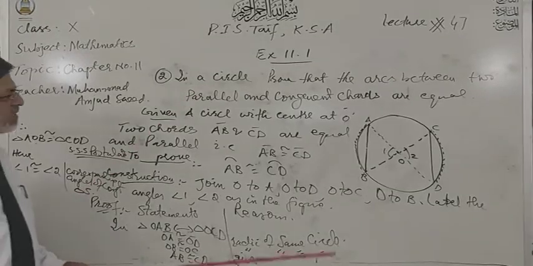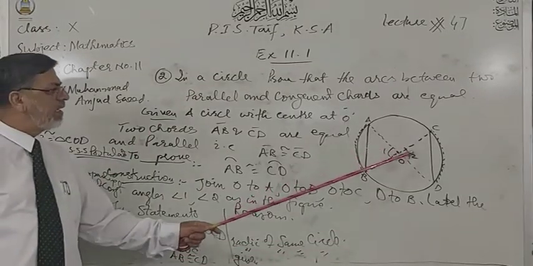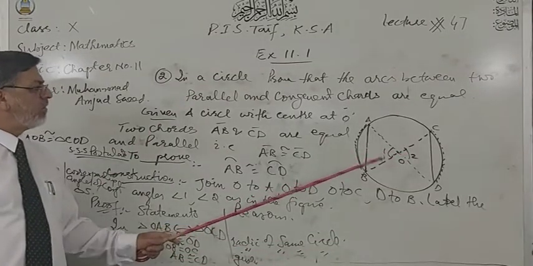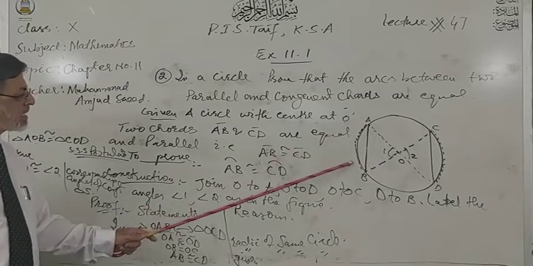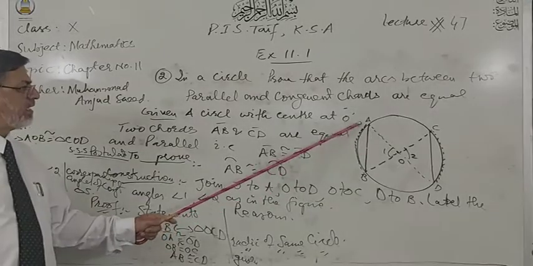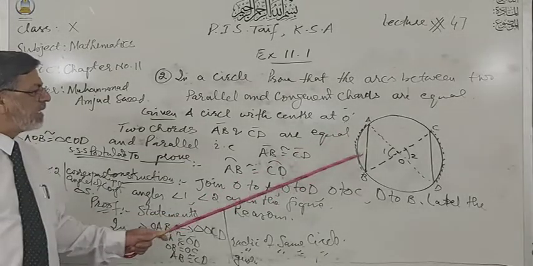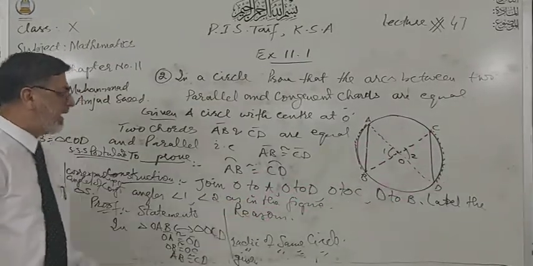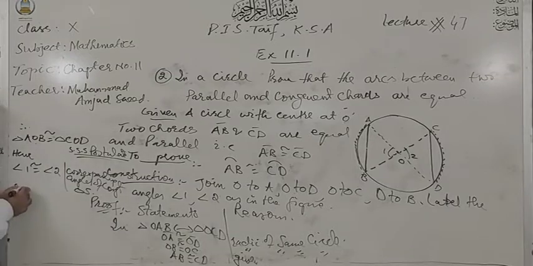And remember that equal angles at the center will have equal arcs. So this is the reason. Now therefore arc AB is congruent to arc CD.